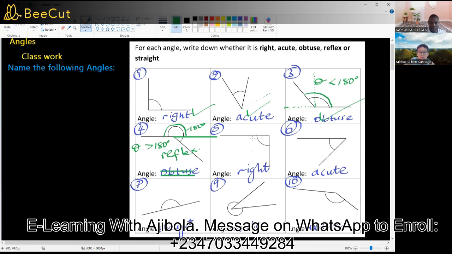This one is also a corner angle, which is 90 degrees, which means you are correct. And this one is also less than 90 because if I introduce a 90 degree here, can you see this point? Then this place is less than 90 degrees.